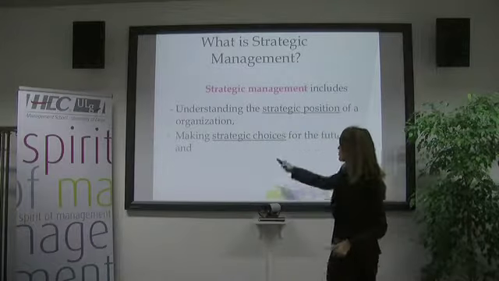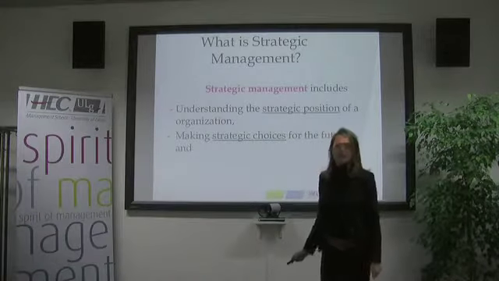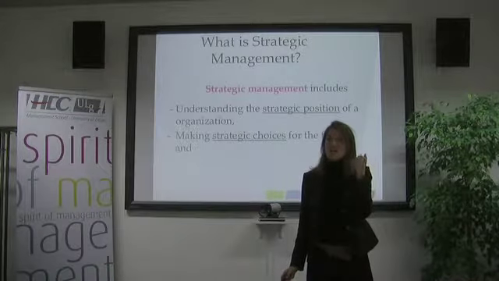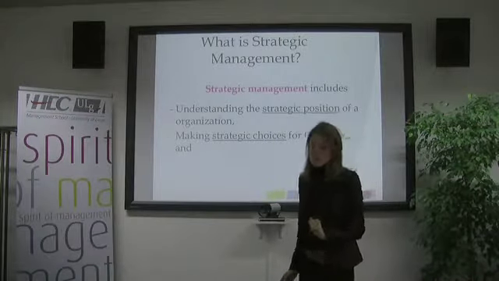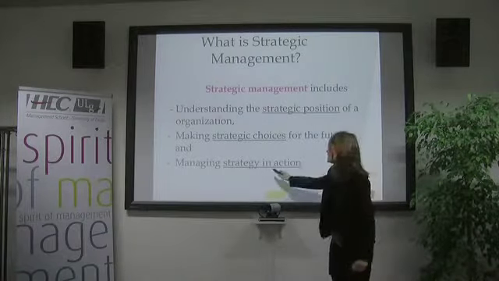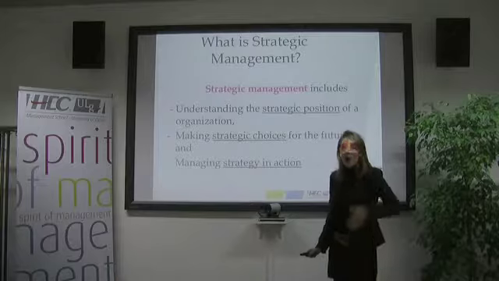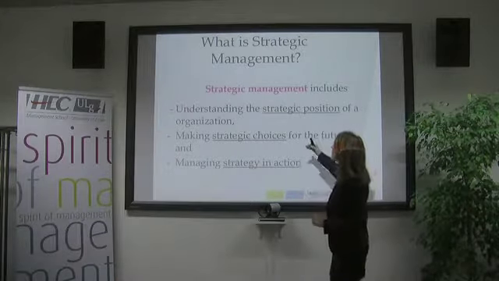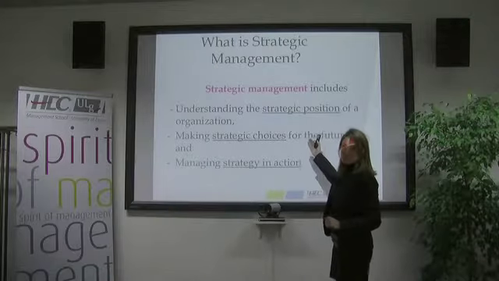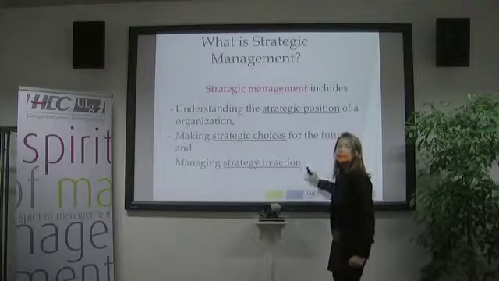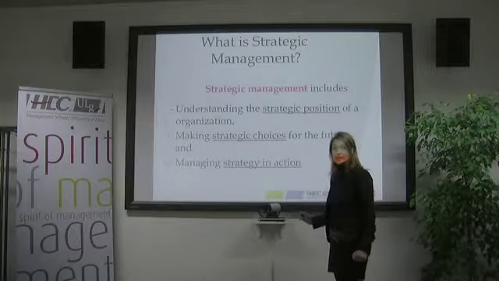Secondly, it includes making strategic choices for the future based on this understanding of the strategic position of the company. And finally, it's about managing strategy in action. How can we implement this strategy? So to do good strategic management, all companies should really take care and consider all these three steps, okay?